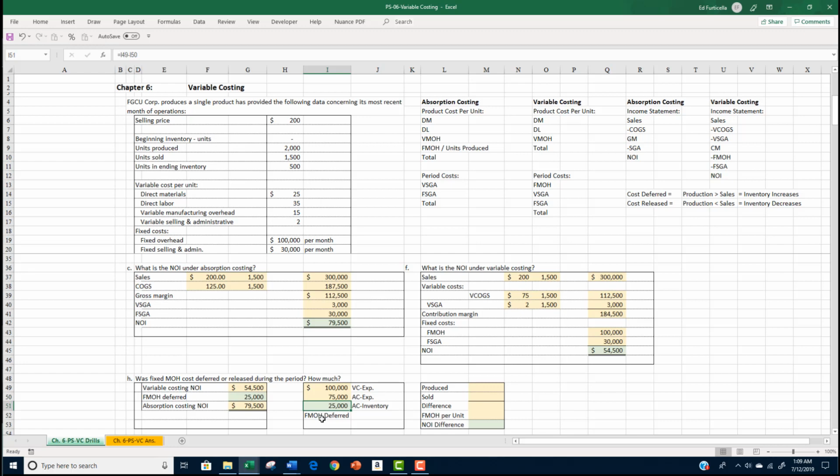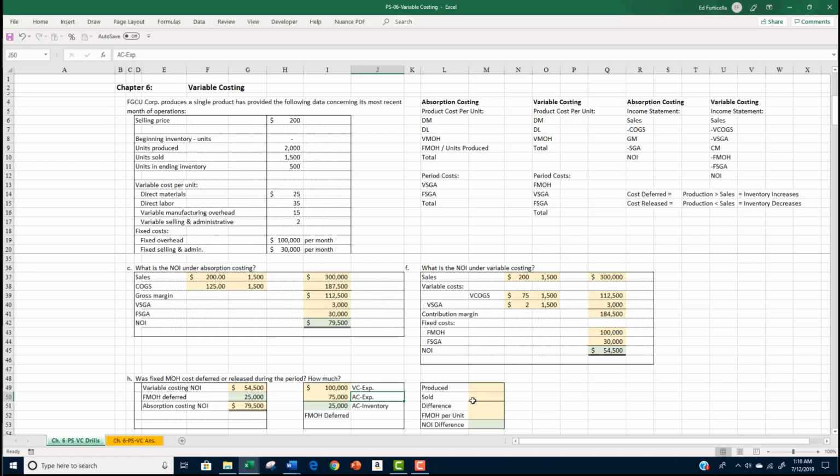So anytime that we produce more than we sell and our inventory is going to go up, we're going to have greater earnings under absorption costing than variable costing, because variable costing is going to expense everything, while absorption costing is going to defer a portion of it. The deferred portion goes to the balance sheet as inventory. The recognized portion of it goes to cost of goods sold as an expense on the income statement. That'll happen all the time.